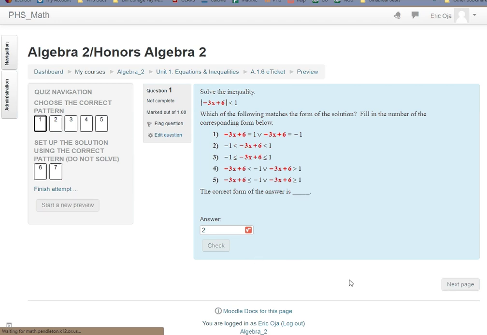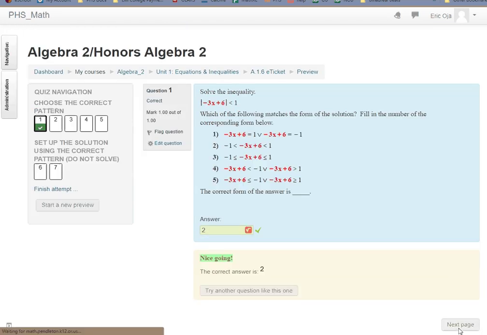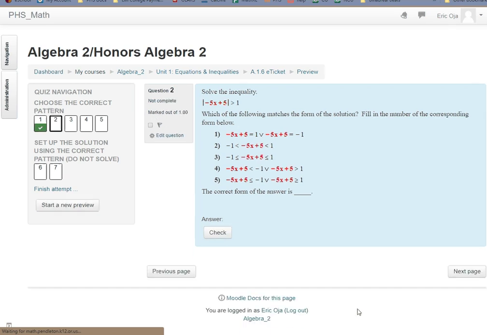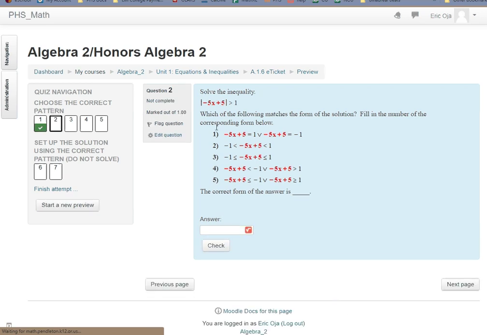How about that one? If I have an absolute value of something is greater than a number, is that an in-range or out-of-range situation? Out of range. So is that an or or an and then? That's an or, right?